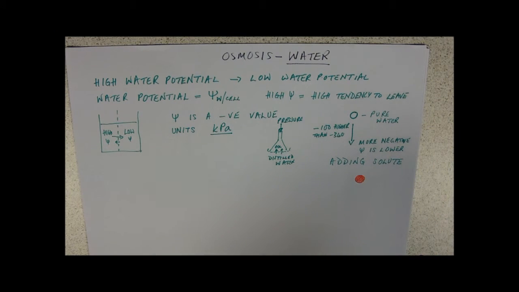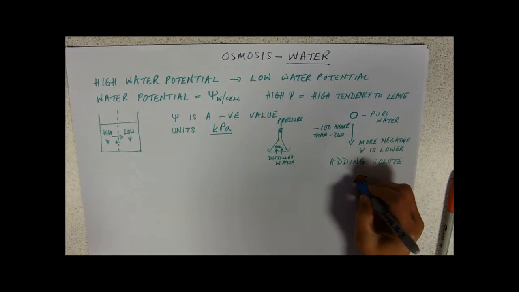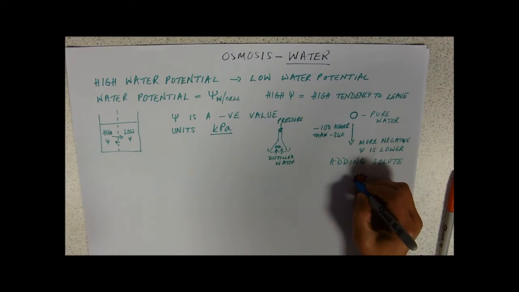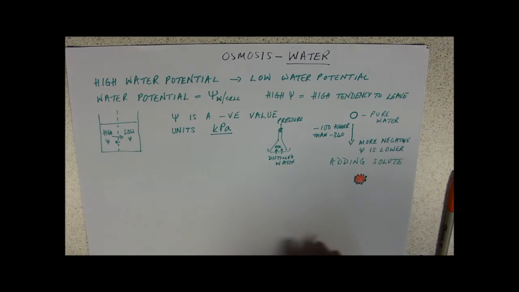And therefore, when you add solute to water, because the water is polar, it'll rush to make friends with the solute, and it will surround it, make a little shell of little water molecules all going, I love you, you're charged, I love you.